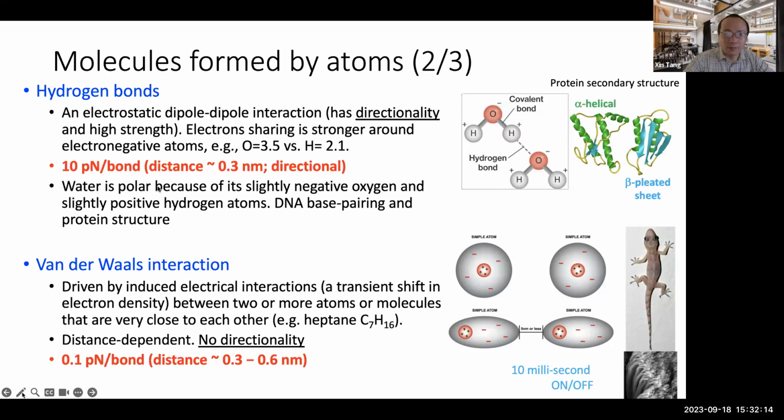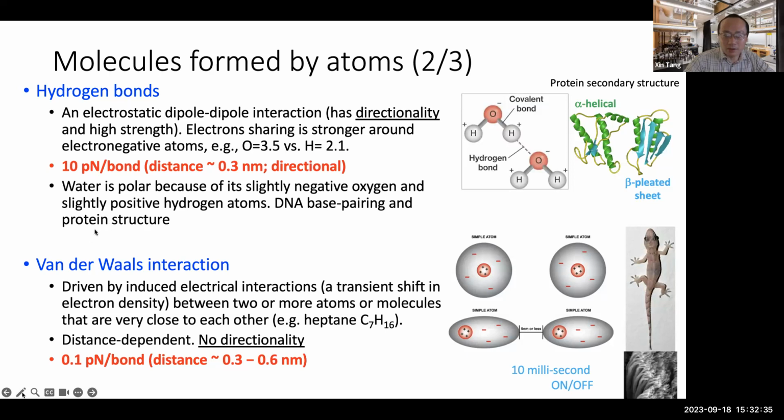Then they can form the hydrogen bond. Also in the DNA, they have the different base pairs, and for the ATGC, A is to the T, G to the C, right? So it's a 1-to-1 base pairing. This base pairing is also due to the hydrogen bond.